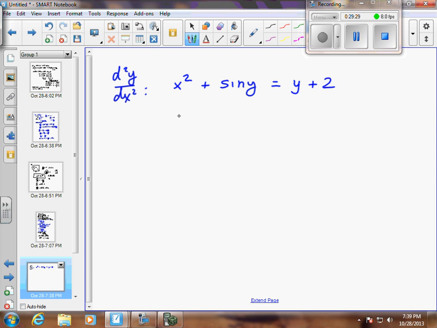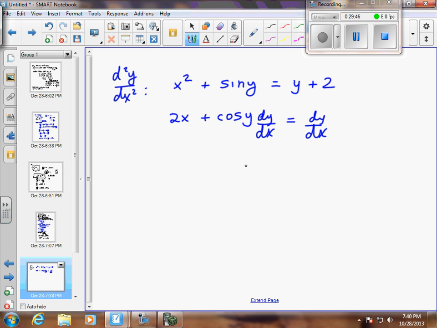So the first derivative will be 2x plus cosine y dy dx equals dy dx.